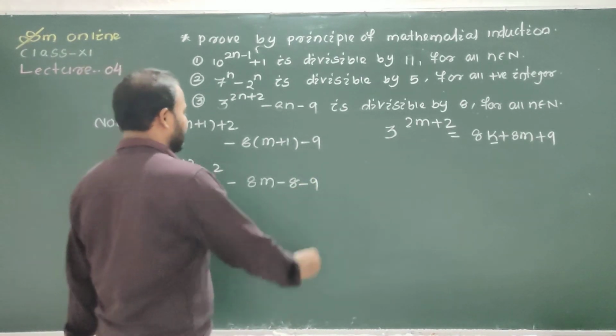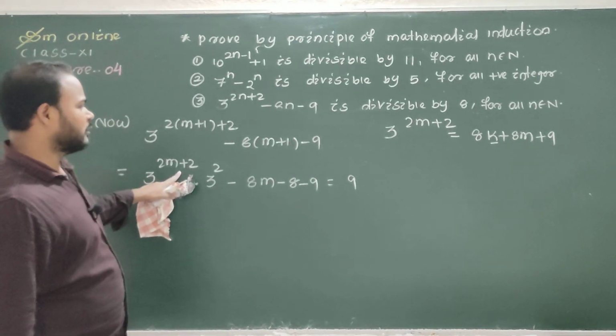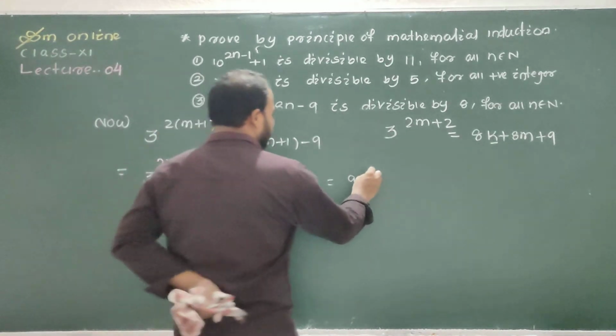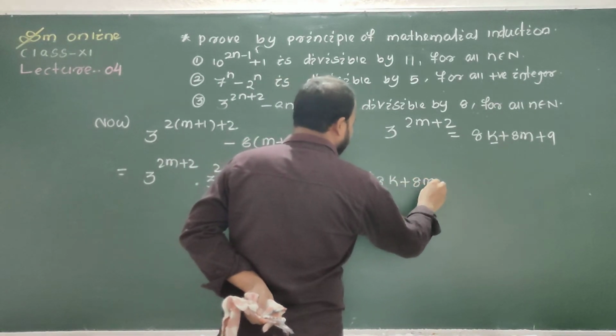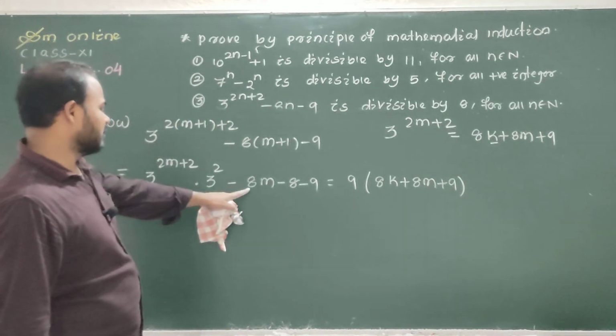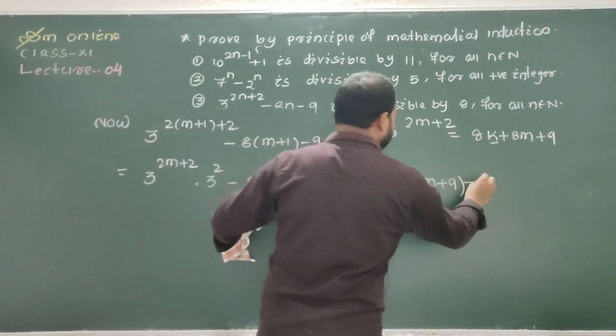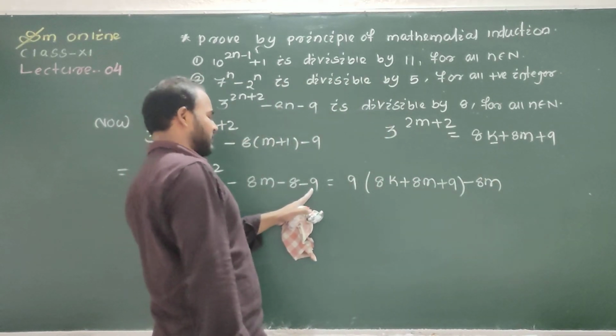And it is equal to 3 threes are 9, and the value of 3 to the power 2m plus 2 is 8k plus 8m plus 9, minus 8m minus 17.